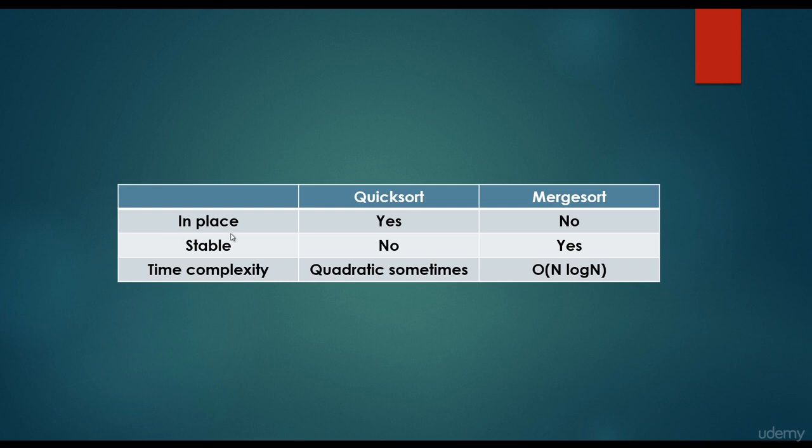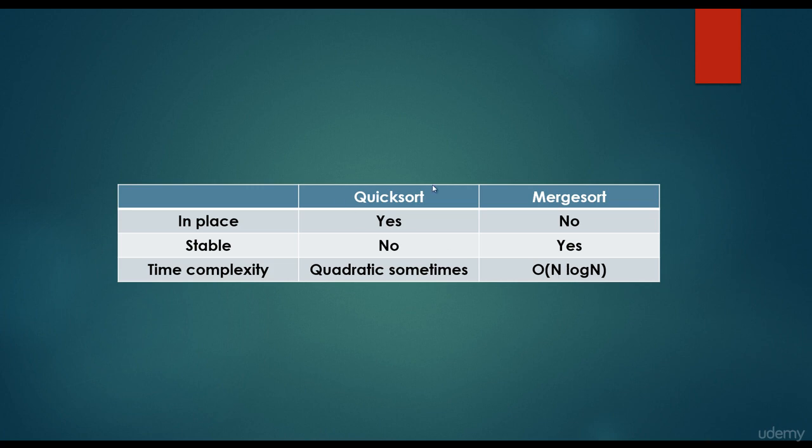Okay. So let's compare quicksort and merge sort. Quicksort is an in-place algorithm, so it does not need any additional memory. Merge sort, on the other hand, is not an in-place algorithm, so merge sort does need additional space. Quicksort is not a stable sorting algorithm, but merge sort is a stable sorting algorithm. Quicksort worst case running time can be quadratic, as slow as bubble sort, while merge sort has O(n log n) running time, so it is guaranteed that it's going to be fast.